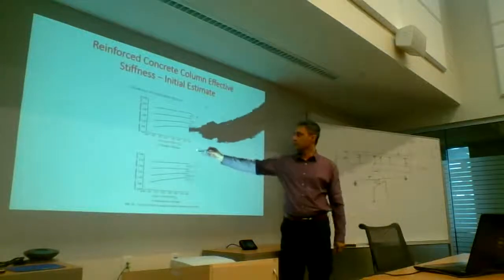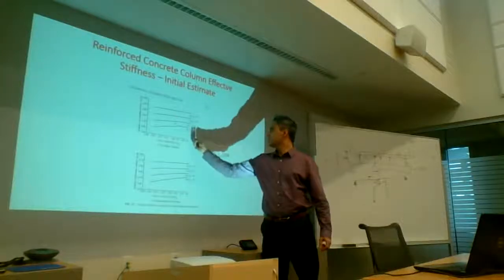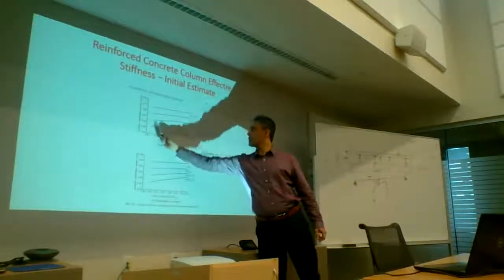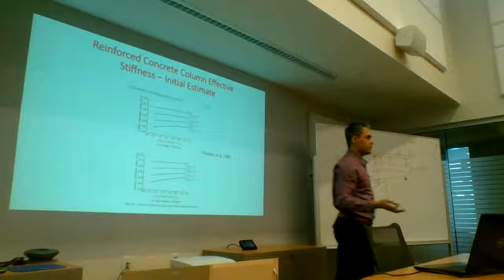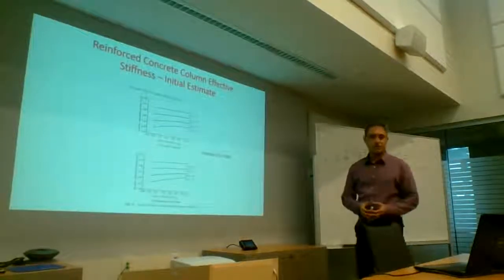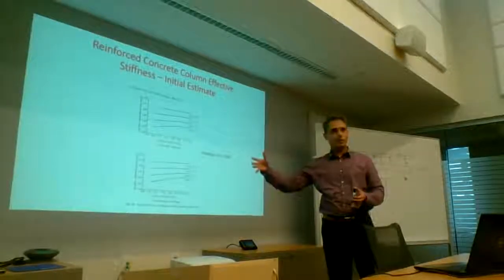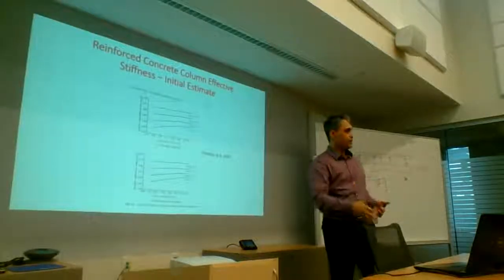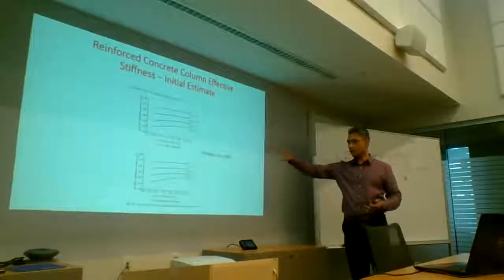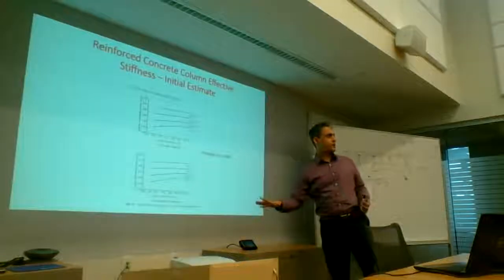And if your axial load ratio is, say, 0.15, and it's a circular column, you read off of this and you say, my starting stiffness is about 0.35 Ig. So you use that to run your first analysis, your first iteration. Once you've honed in on the solution mostly, then you can go use a moment curvature analysis and verify it. But these have been done after extensive studies, so you won't be far off. You won't be off by that much.